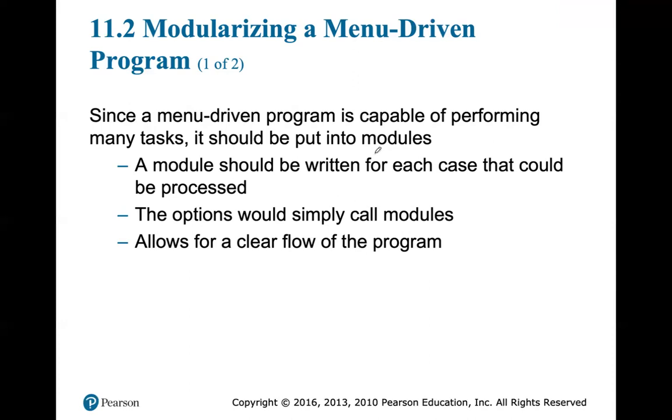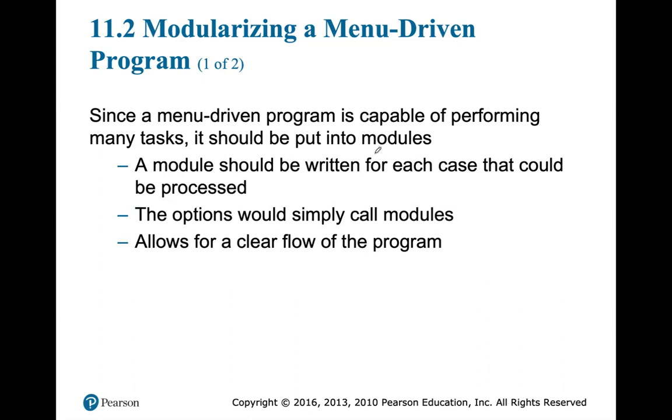You should be putting all of those single decisions into modules. So for each case that you are presenting to your user, for example, if you have 5 different options for the user to choose from, you need to create 5 modules. So 1 module for each of those options that you're showing your user.